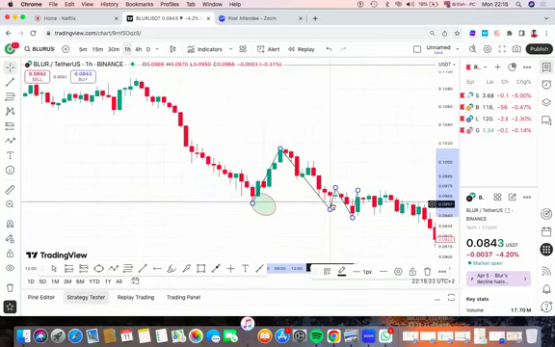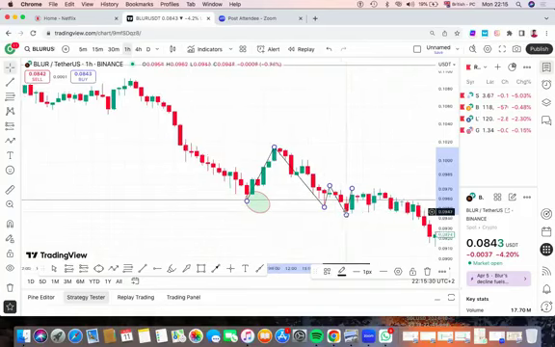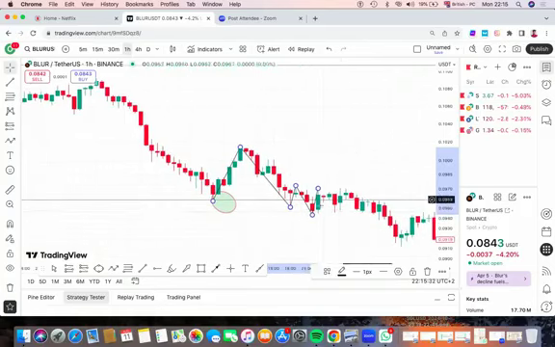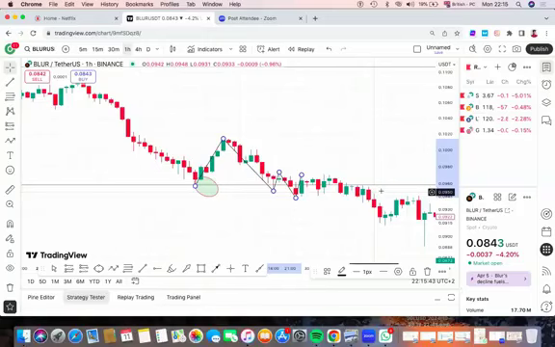So it was just a fair break. This is not a confirmation, and what we want to have as a confirmation before you can have your entry is at least 2 to 3 candles, a complete breakout of that structure.